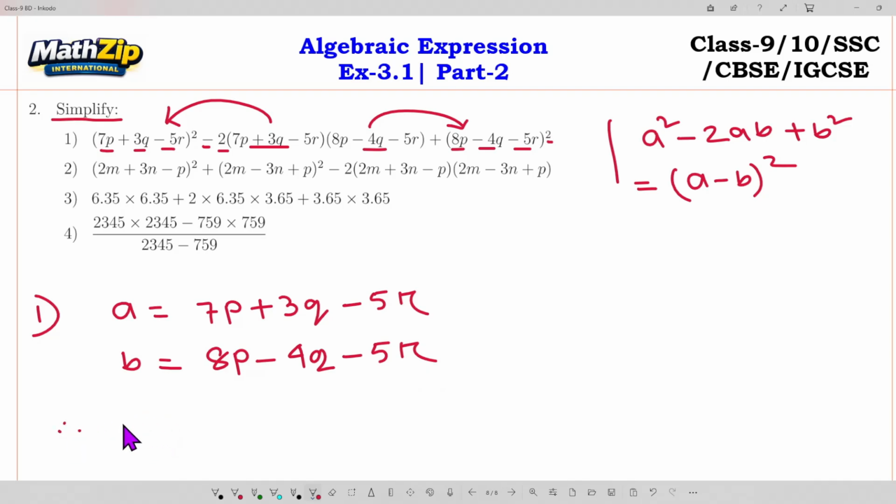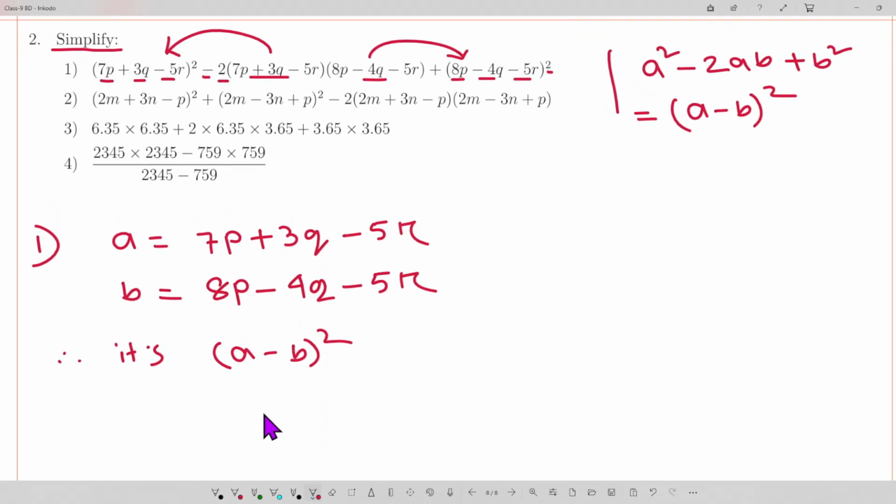So it's (a − b) whole square, right? So we can also write the question in here.